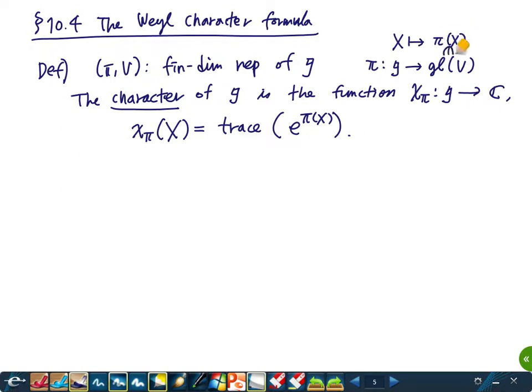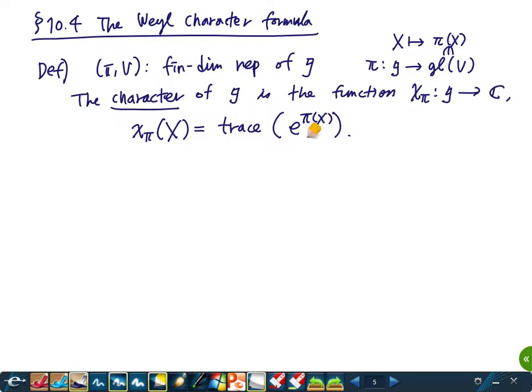This is an element here, so an endomorphism. In other words, it's a linear transformation from V to V. So we can talk about the trace, right? And that's just defined to be the trace, but actually not the trace of this, but the trace of e to this. Okay? E to this.